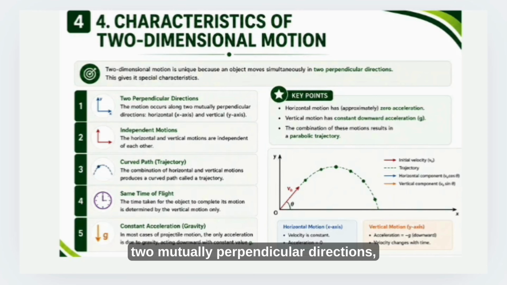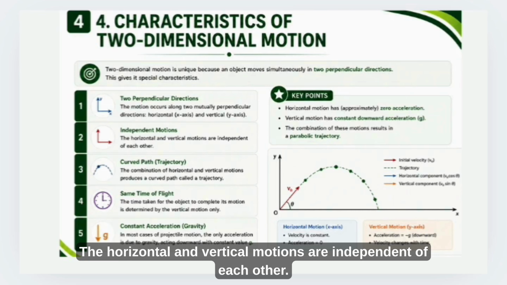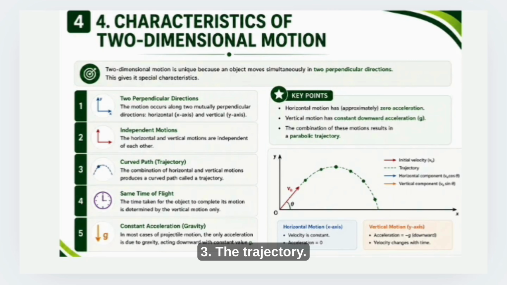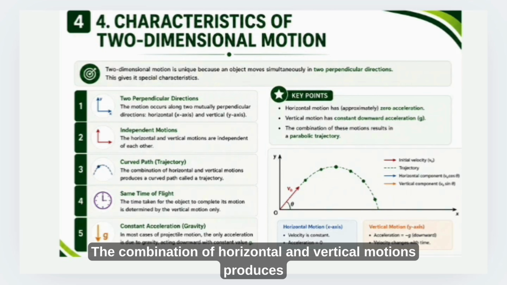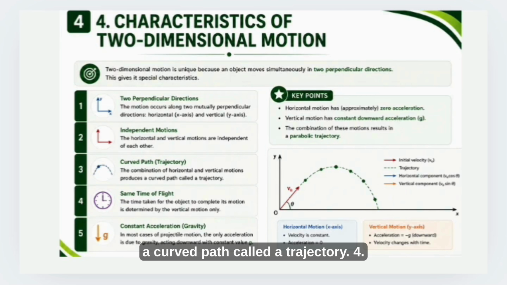The motion occurs along two mutually perpendicular directions, the horizontal and vertical directions. 2. Independent motions. The horizontal and vertical motions are independent of each other. 3. The trajectory. The combination of horizontal and vertical motions produces a curved path called a trajectory.